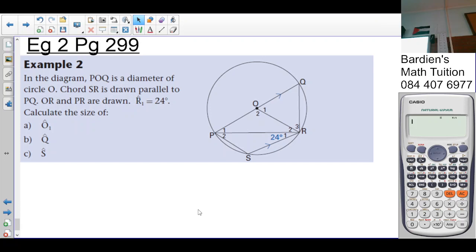Alright, so let's go. We are told that in the diagram, and this is how I approach these sums, I read through the introduction to the sum, and whatever the introduction says about the diagram, I tend to write it on the diagram.